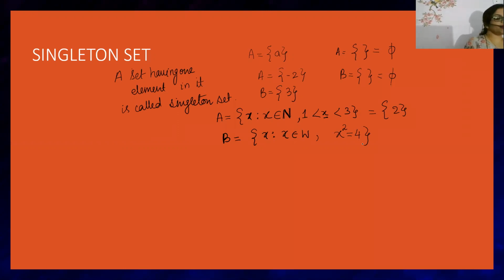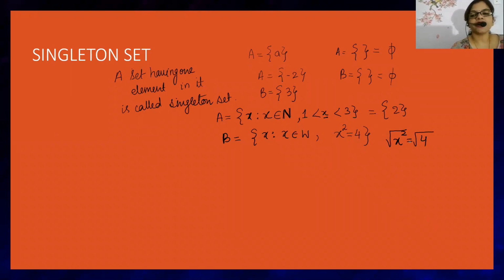But I will explain how it is a singleton set. You will write X square is equal to 4. Then what process did I tell you? Put square root on both sides.